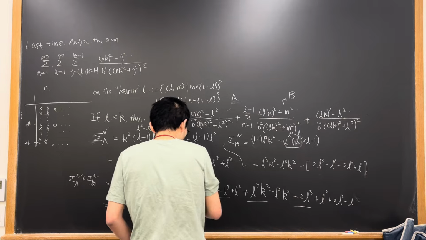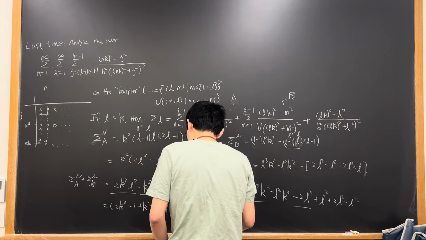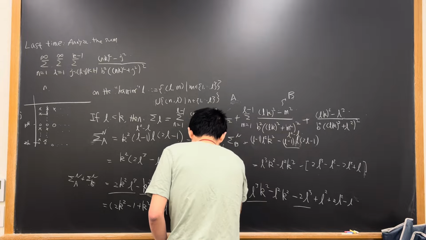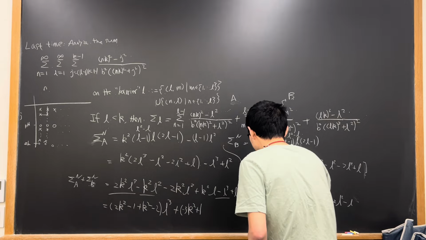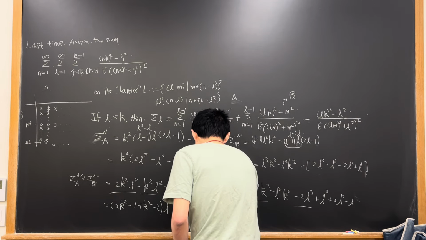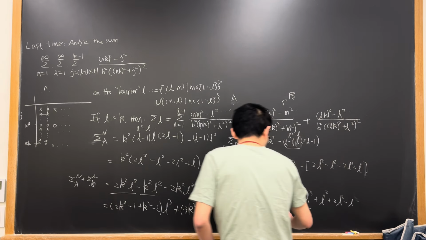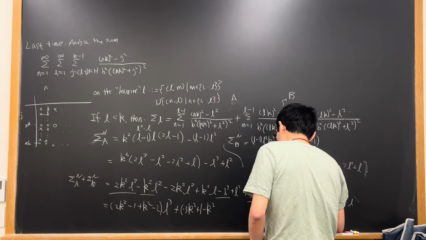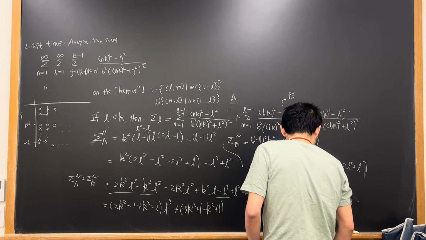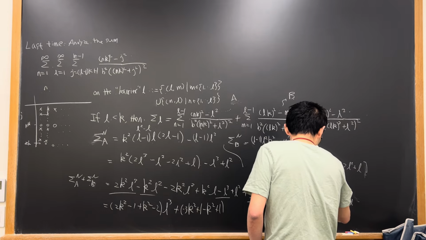So combine these two. For L squared, plus 1 is 1, and minus k squared. Oh sorry, this should be plus 3, right?